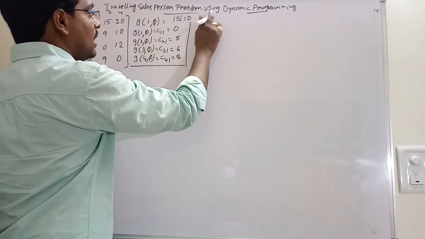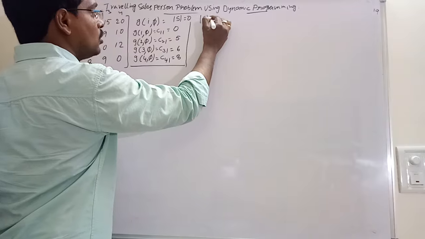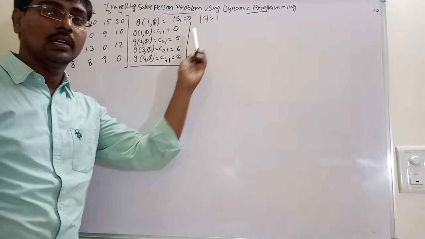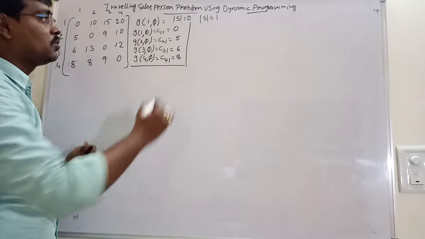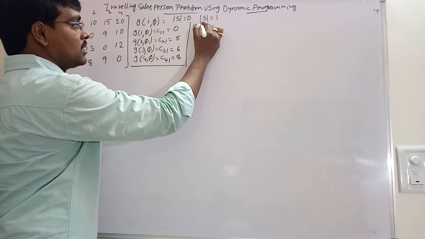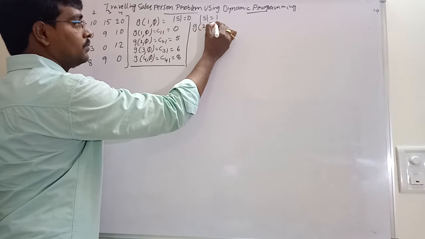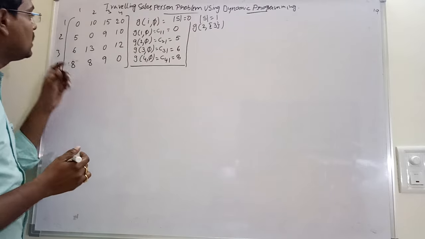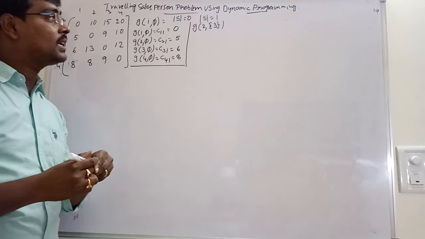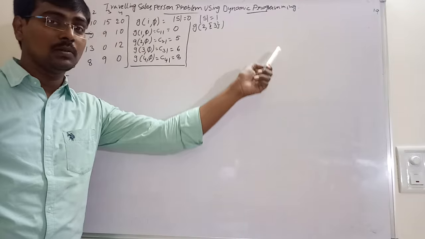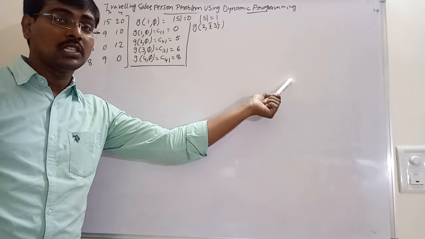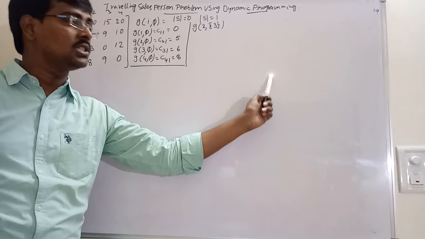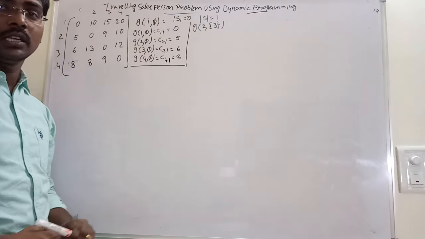So |S| equals 0 is completed. After that, calculate for sets containing one element. Possible cases are g(2,{3}) and so on. Vertex 1 is not considered because 1 is the source vertex. Suppose we previously considered C12 plus g(2,{3,4}), that is, the source is 2 and the destination is either 3 or 4.